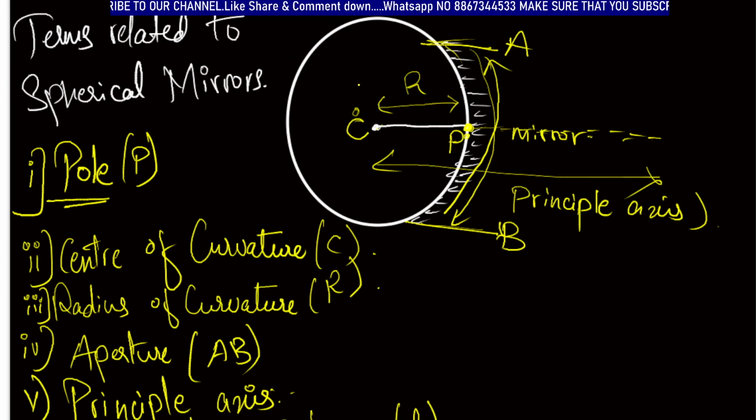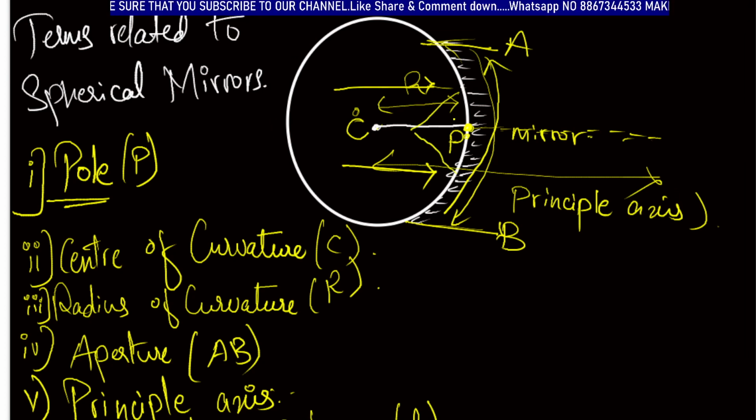Whenever rays parallel to the principal axis strike the mirror, they always meet at a point, or they appear to meet at a point. That point is called focus or principal focus. It is always in between the center of curvature and pole. If this is the center of curvature and this is the pole, in the middle lies the focus.